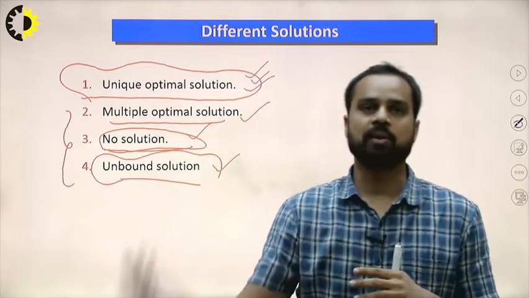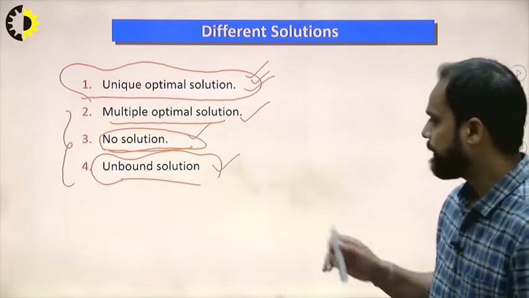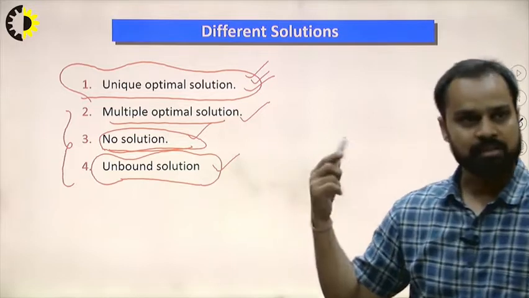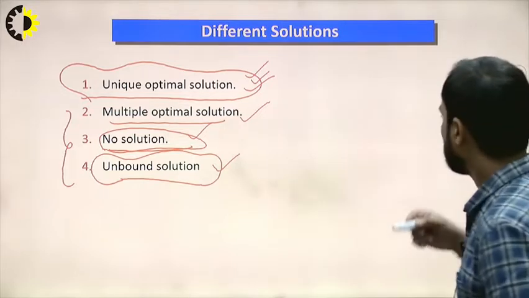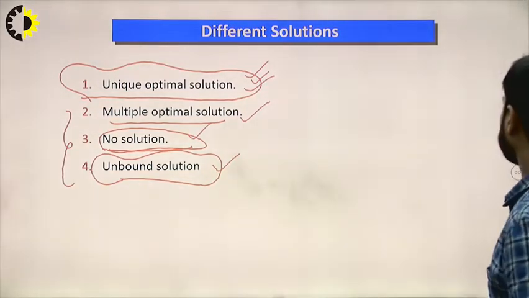If we are unable to convert properly, then sometimes unboundedness occurs, right? I will discuss all these aspects step by step and demonstrate with examples so that we can get a better understanding of these different aspects of LPP.